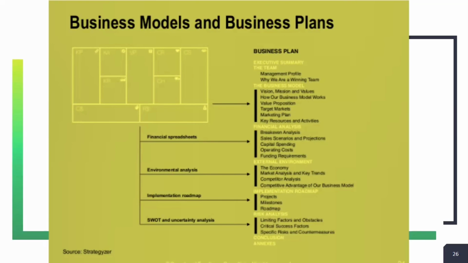To summarize, the business model canvas provides a way to show the key elements of any business model on a single sheet of paper. The canvas is based on nine building blocks and the interrelationships between them.